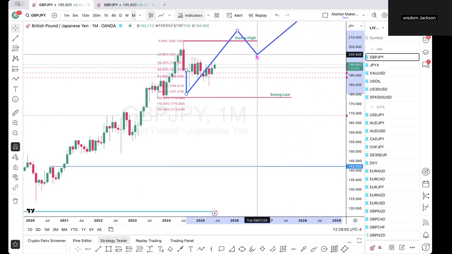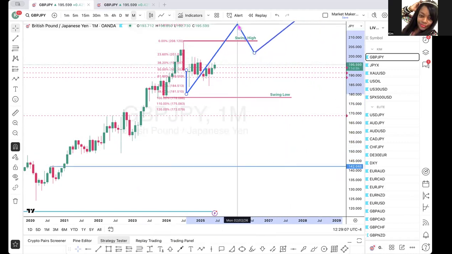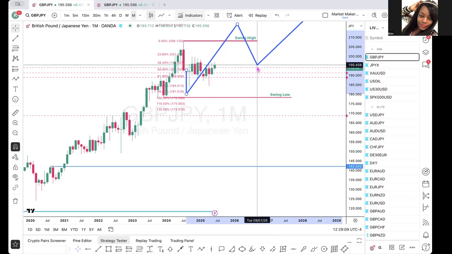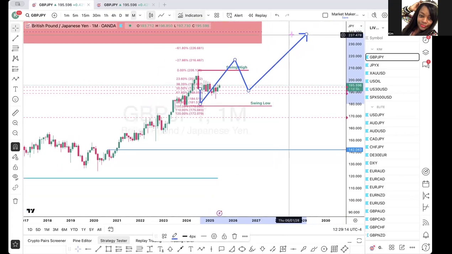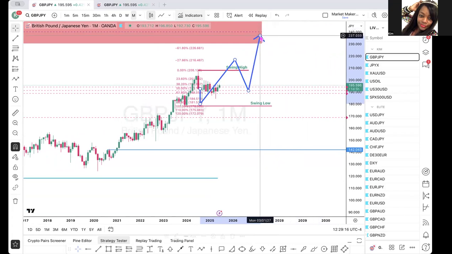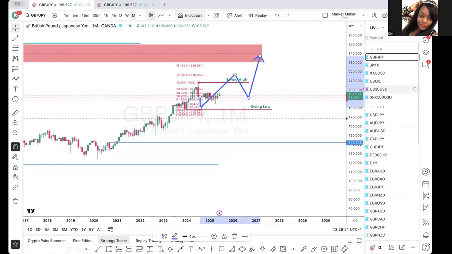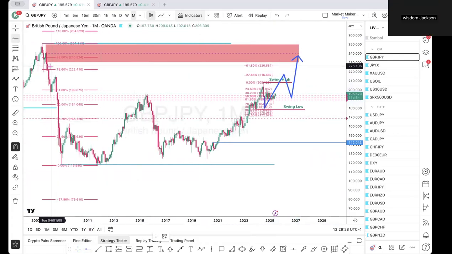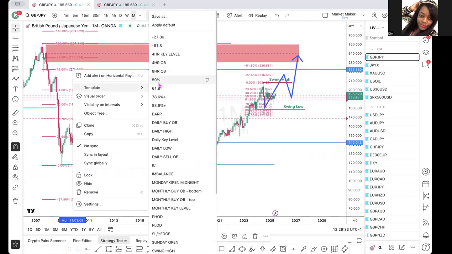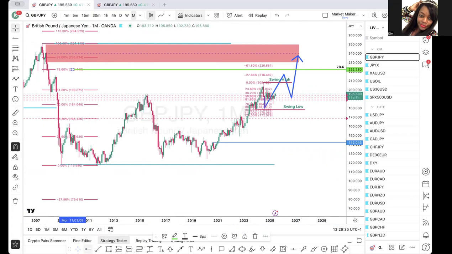And then once price breaks this high, you'll look for a pullback somewhere to continue buying up into this POI. Once price gets into this POI, which is also the 70, so you have the 78 here and then you have the 88 here.